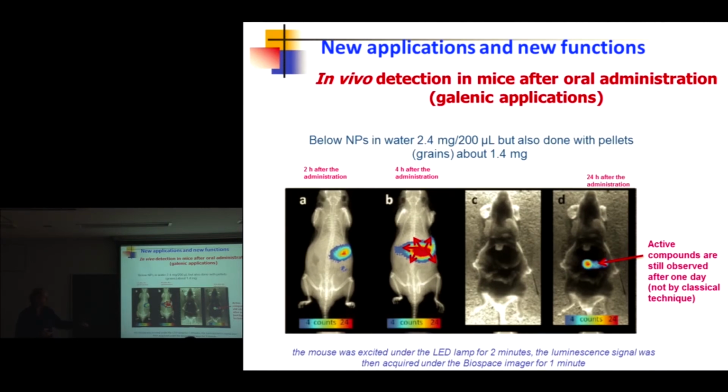It was impossible to determine this by other techniques, which are the classical way to determine if there is still active medicine inside the body of the animal. That means it's not necessary, for instance, to take a second pellet. Sometimes you have to take a pellet every 6 hours, every day, and so on. So you can look at the way the medicine is dispersed inside the body, and follow the nanoparticle inside the animal.